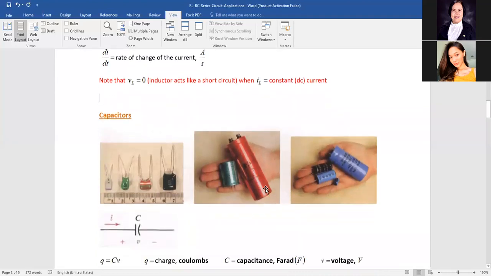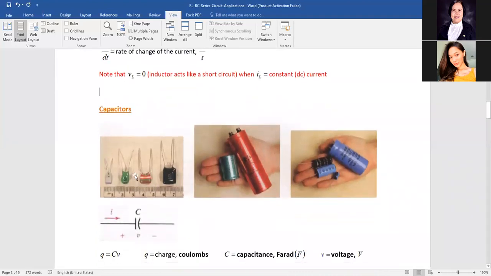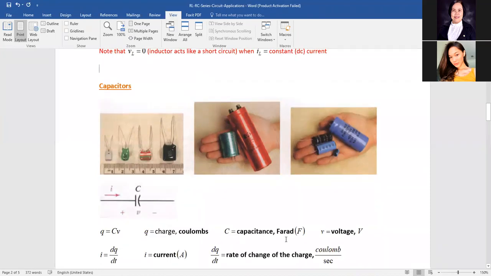Now, the last element is the capacitors. These are examples of capacitors, and they have different colors, something to do with their, of course, capacitance. Now, the capacitance unit, as discussed in physics, is farad. And the Q, now we have this new circuit unit, which is the coulombs, representing the charge in your capacitor.